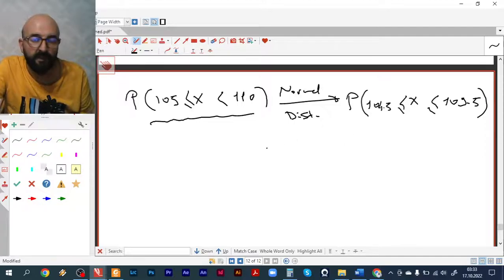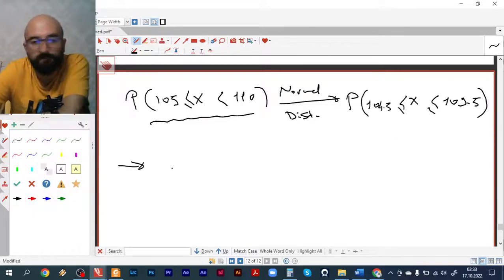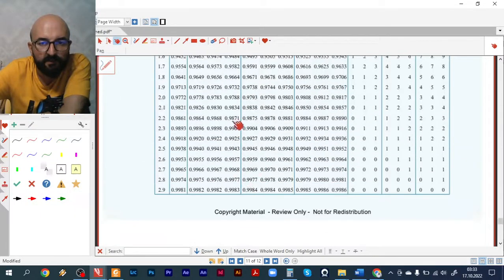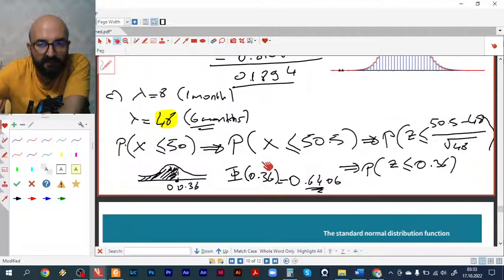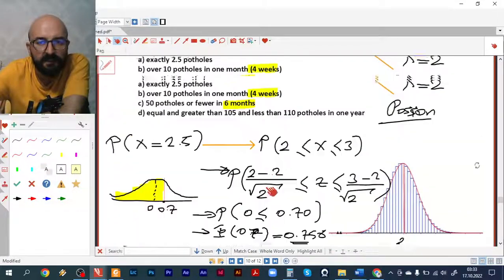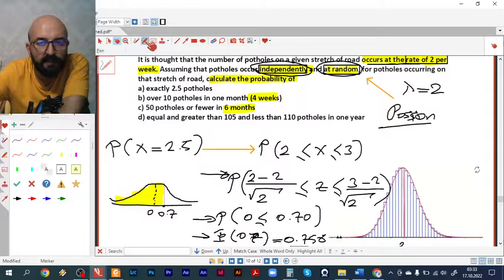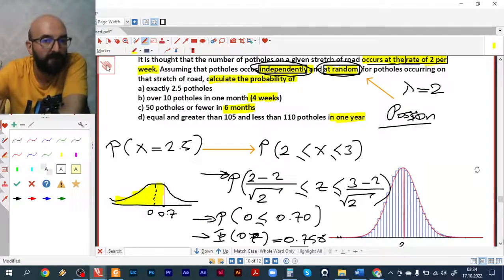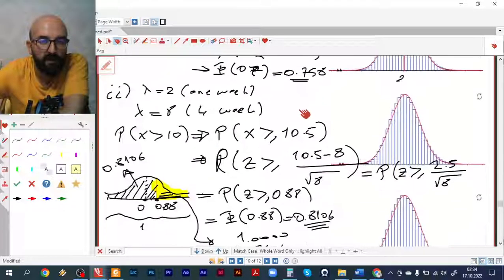So the second step, you should convert the x values to z values. But don't forget the new lambda, we will compute for 1 year, for 12 months.